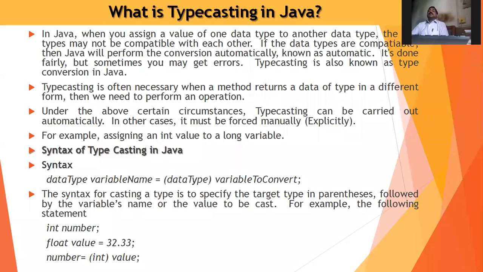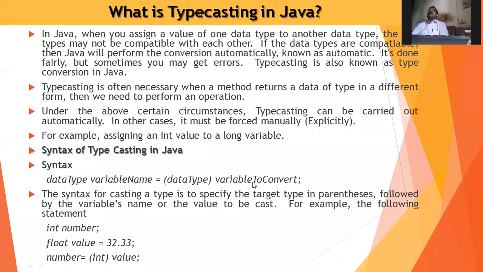For example, assigning an integer value to a long variable. There is a syntax written here. We have to provide the data type and a variable name, then equals, then the data type we are converting to, and then the variable to be converted.